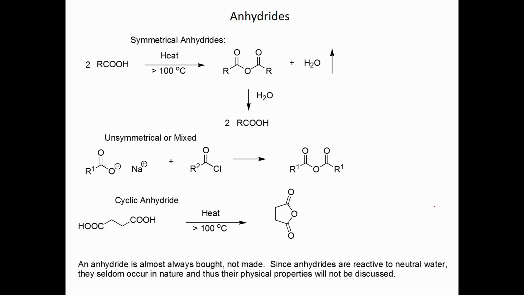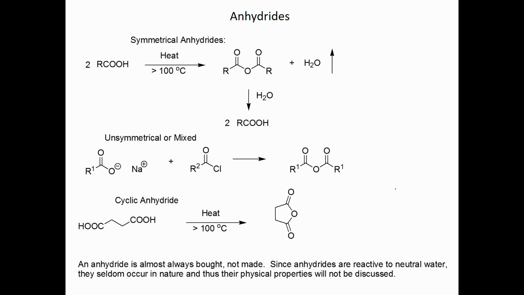Okay, we'll briefly look at the chemistry of anhydrides. Anhydrides, I'm just going to make a statement about their chemistry. They do the same thing as acid chlorides, but just not quite as vigorously. Okay, so they're somewhat tamed acid chlorides.